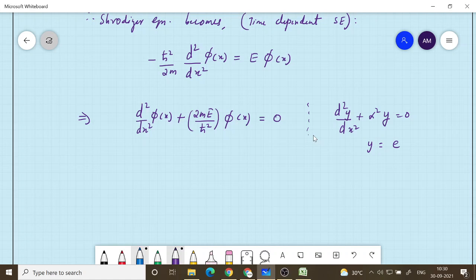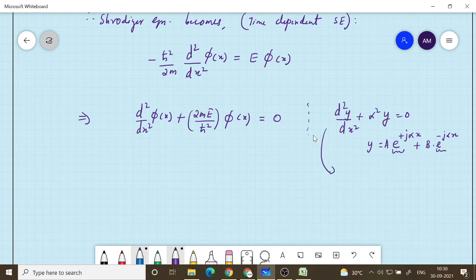The first solution is e raised to plus j alpha x, and then you take some amplitude for that, A, plus B into e raised to minus j alpha x. Both of these are solutions. Since it is second order, you can substitute this and you will see that it satisfies the above equation. For example, let me substitute this.